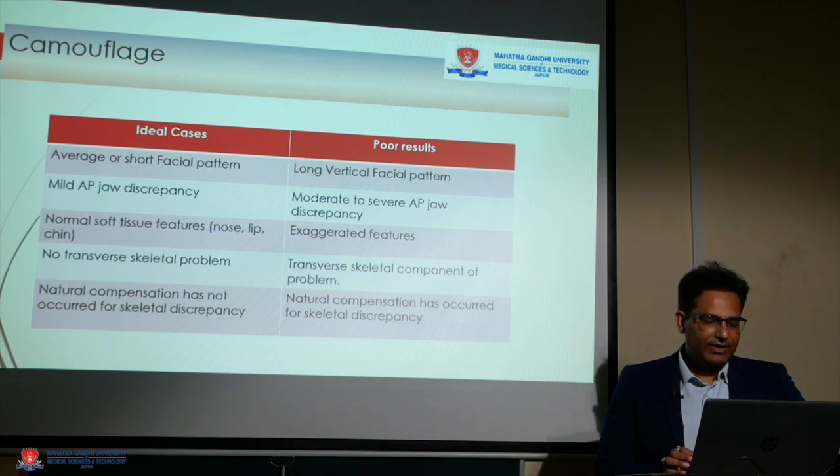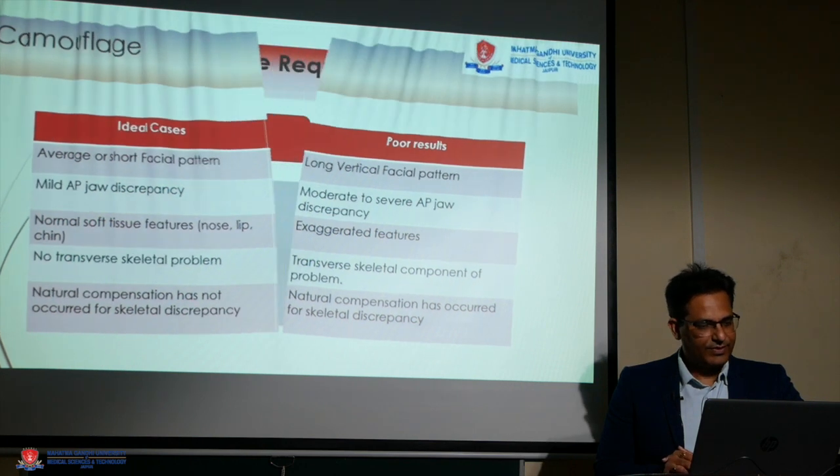On the other side, vertical facial patterns, moderate to severe anteroposterior jaw discrepancies, exaggerated soft tissue features, transverse skeletal components of the problem, and natural compensation which has already taken place for skeletal disproportion are all situations not in favor of camouflage.